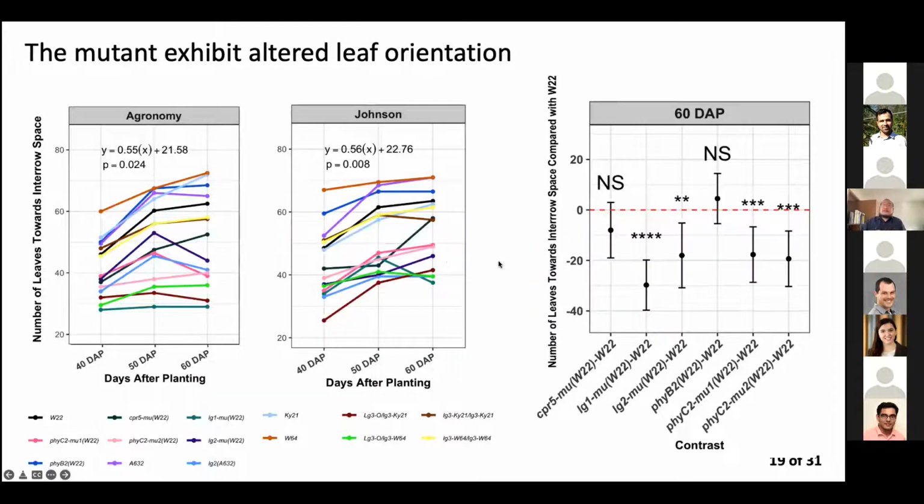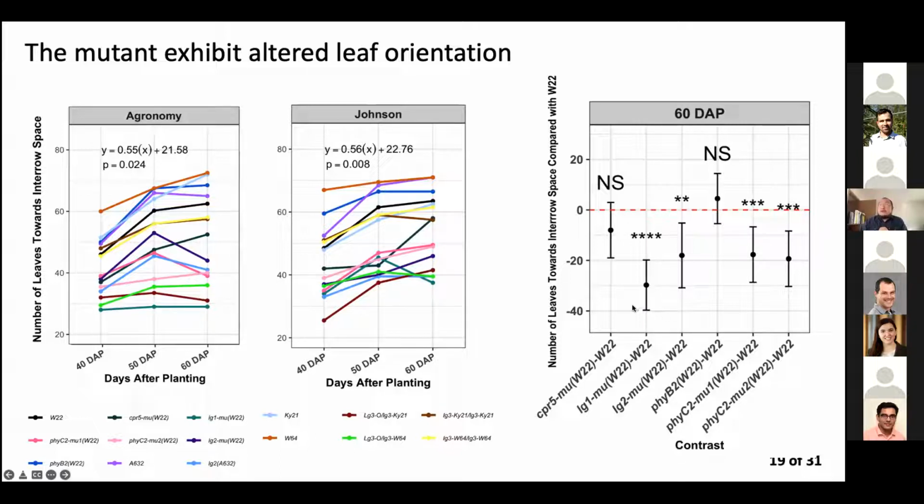And if we look from the early developmental stage to the later developmental stage, as the plants reach maturity, there is a clear linear trend that the genotypes start to increase the number of leaves pointing towards the interrow space, potentially due to increased competition from adjacent plants.